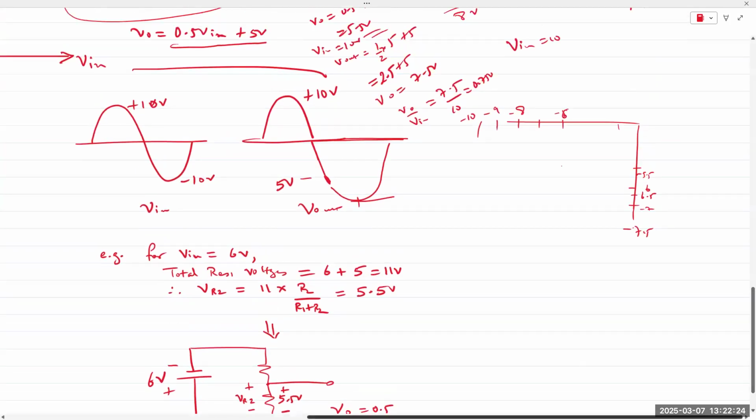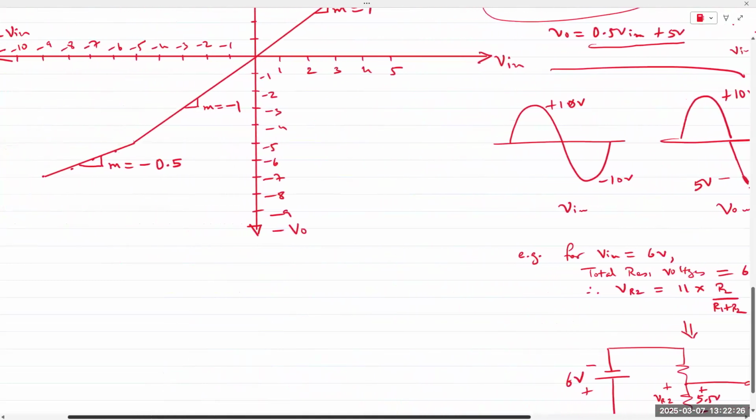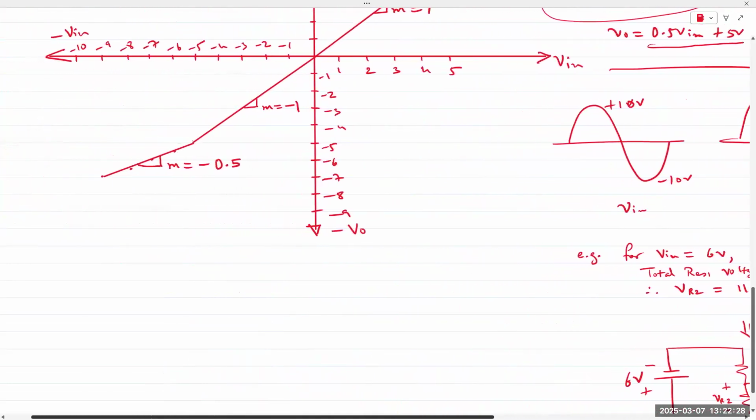So for all cases above 5 volts, it increases by 0.5. Below 5 volts, the diode is off, so it doesn't matter.